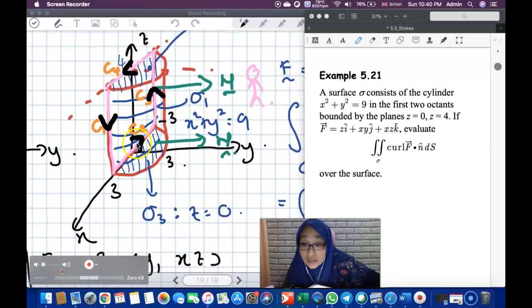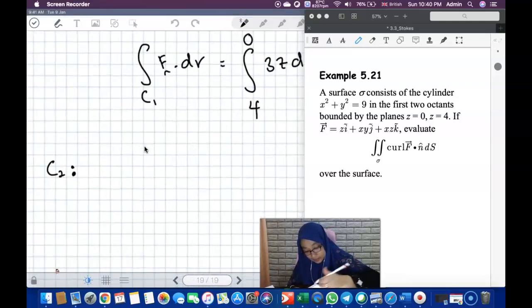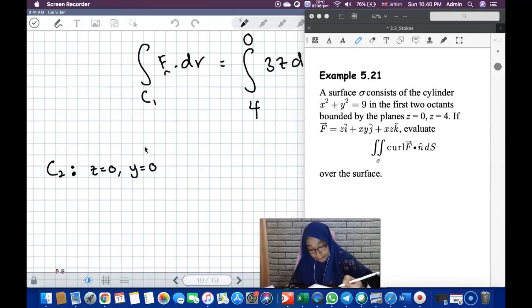Along that line, z equal to 0 and also y equal to 0. So your dz is 0 and your dy is 0.